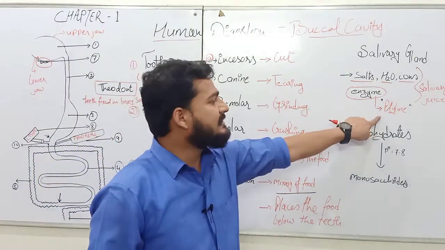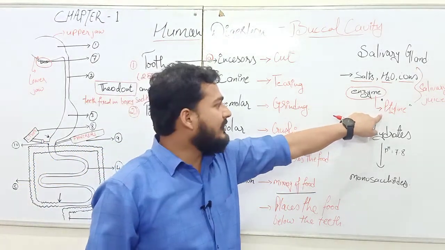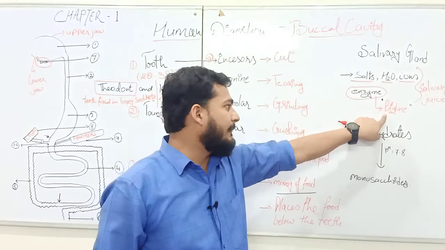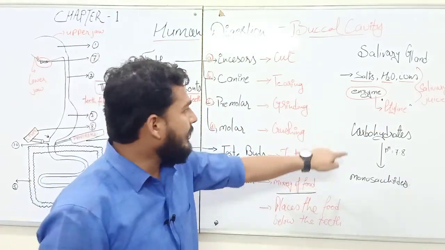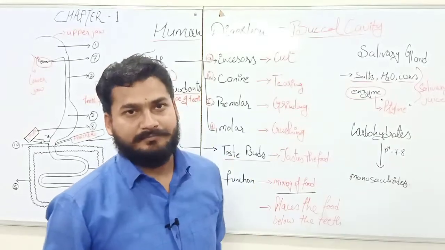Remember, the P is silent in this word; though the spelling starts with P, it is pronounced as T. The enzyme is named ptyalin.